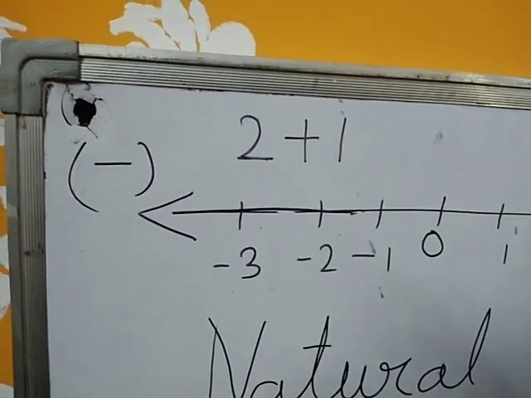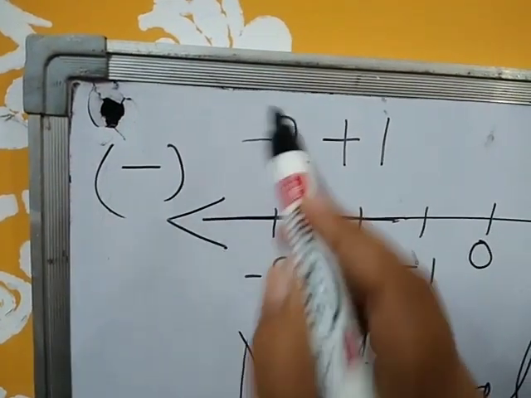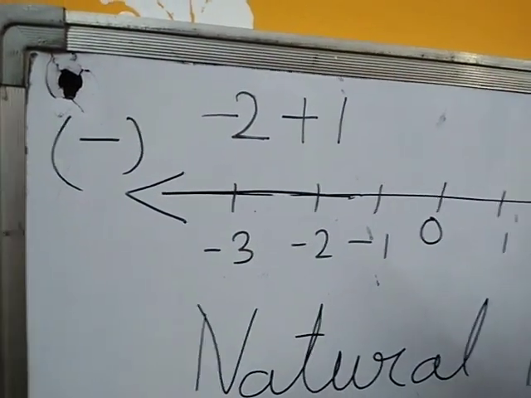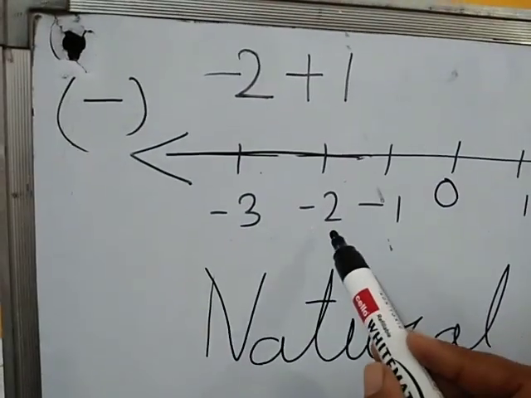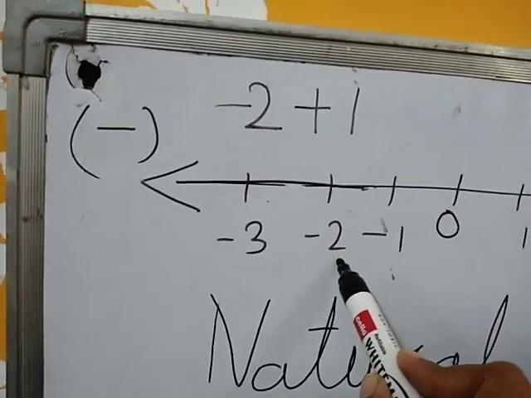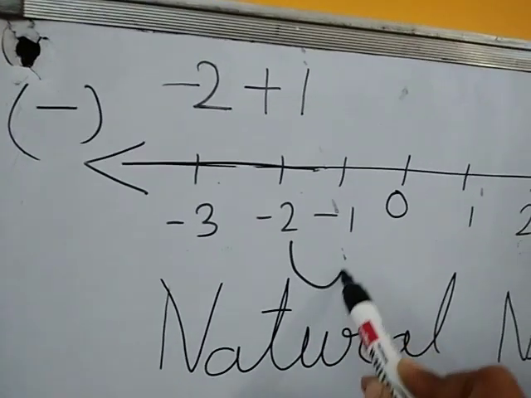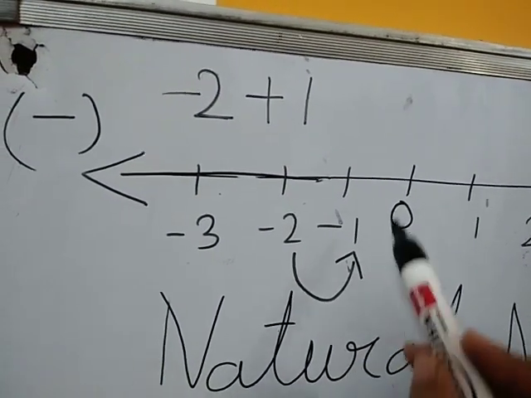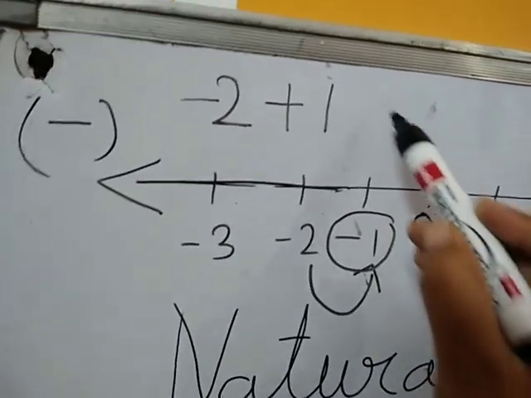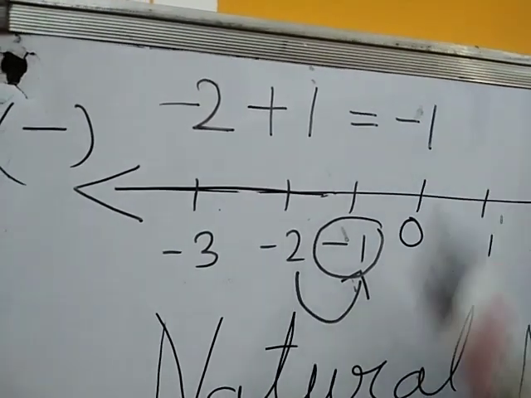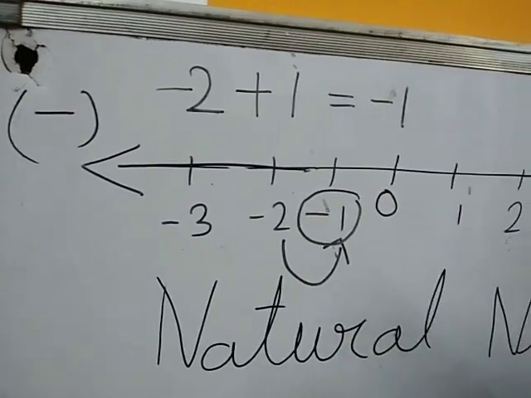Similarly, if we have to add -2 plus 1, what will be the answer? Here it is -2 and we have to move 1 point towards the right side, that means the answer will be -1. So it is -1. Okay, I hope you all understand.